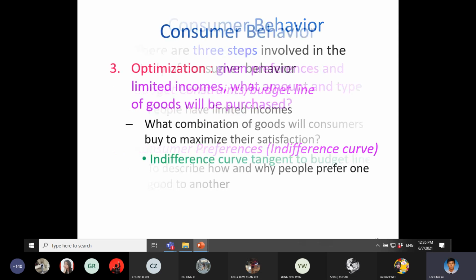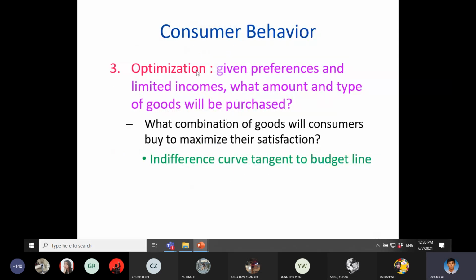Then we go for optimization. Given that we know the consumer preferences and the limited resources, we want to answer what amount and type of good will be purchased. What quantity of goods will the consumer purchase in order to maximize satisfaction? What combination of goods will the consumer buy to maximize their satisfaction?